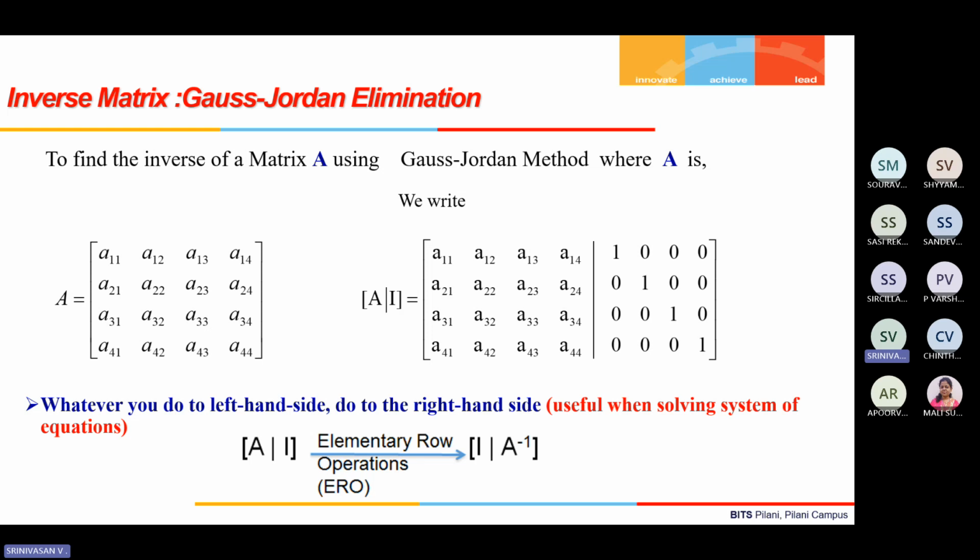Because of the elementary row operations, you must ensure that you are doing them systematically until the first portion becomes I, and the second portion will naturally be a 3 by 3 or 4 by 4 matrix. That is the matrix required, and that is the inverse of A. So that is the step.